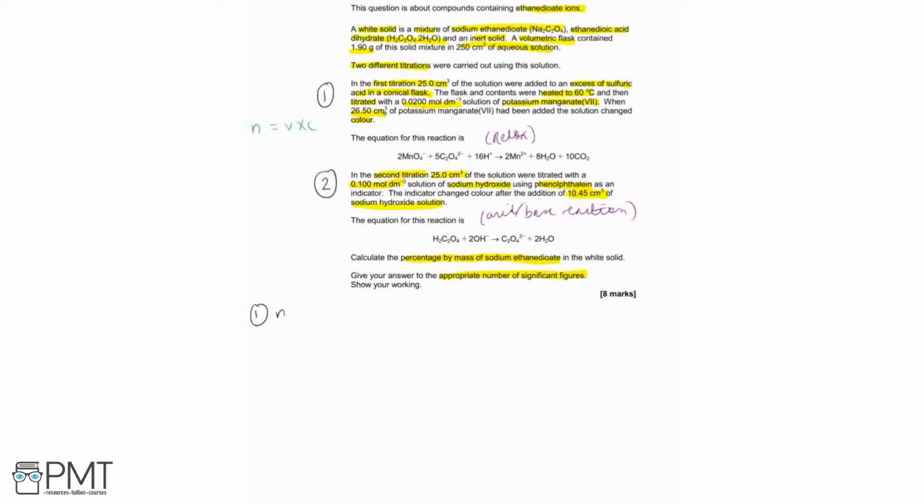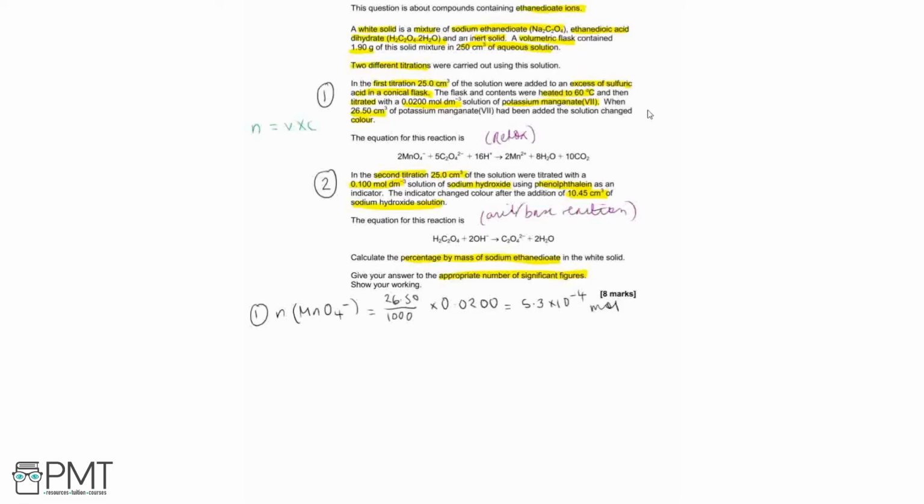And the key thing is that we need to convert our volume into decimeters cubed so that they match up with the moles per decimeter cubed units for the concentration. Therefore, we've got 26.50 divided by 1,000, multiplying that by the concentration of 0.0200, and in the calculator that will give you a value of 5.3 times 10 to the minus 4 moles.